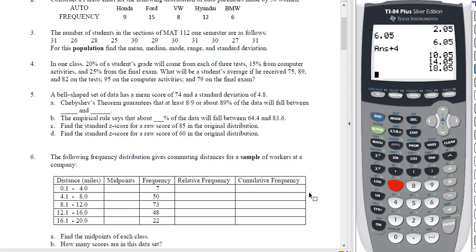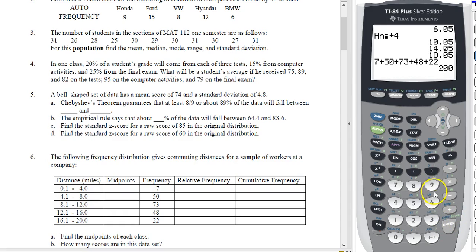The relative frequencies you can get by dividing the frequencies by the total. So here you would have to first add the frequencies together. 7 plus 50 plus 73 plus 48 plus 22.